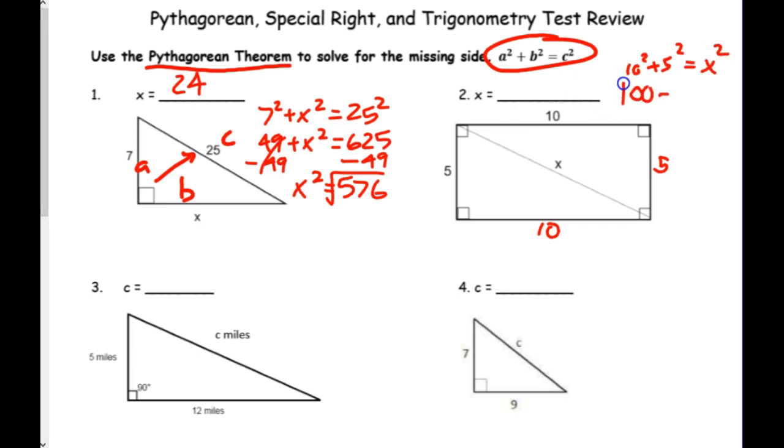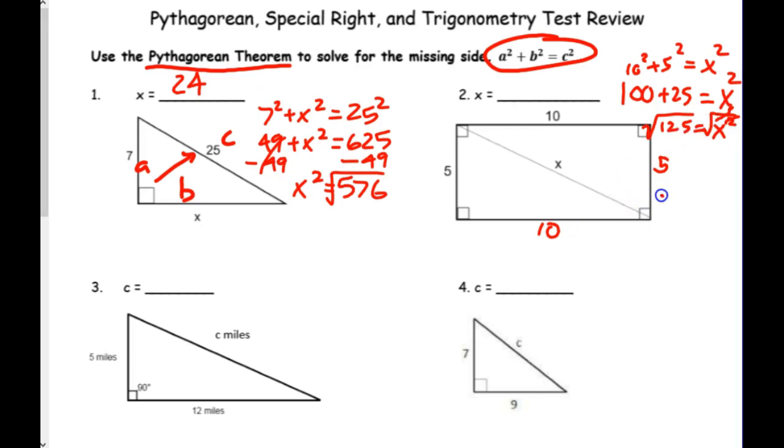So you got 100 plus 25 equals x squared. So we get 125 equals x squared. And then to get rid of that square, we need to do square root on both sides. So that cancels out.